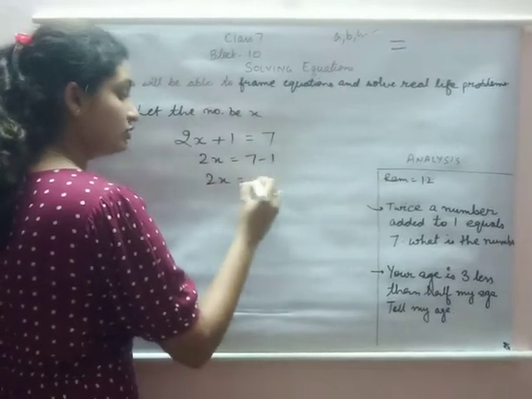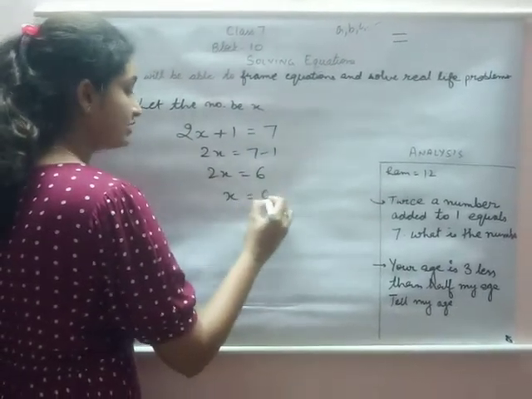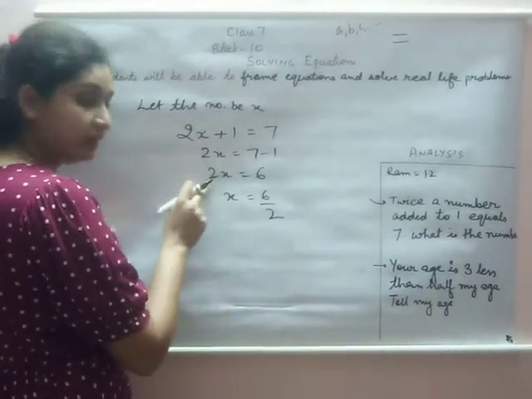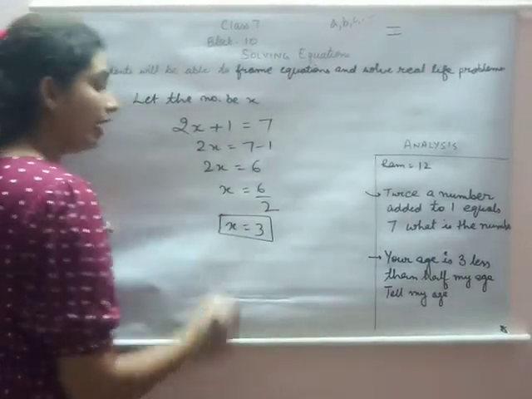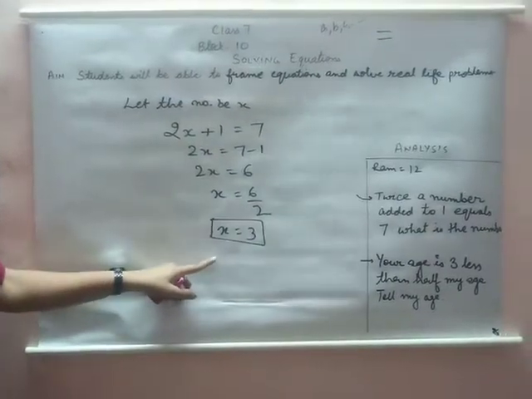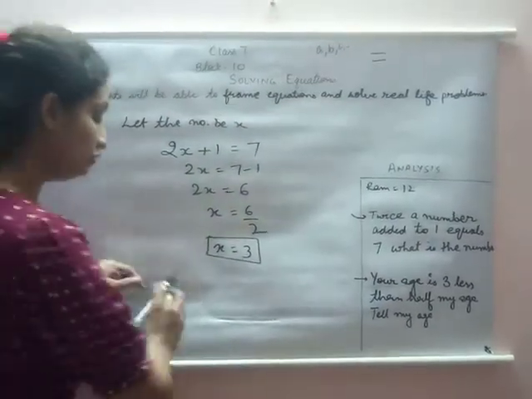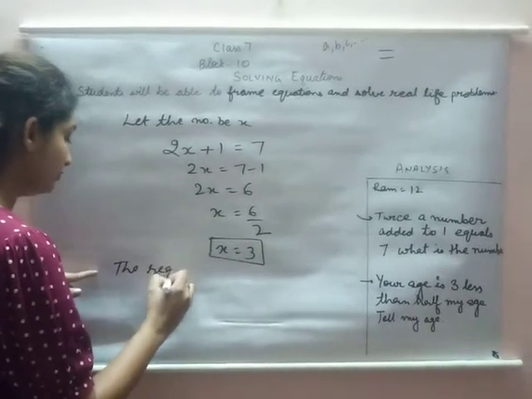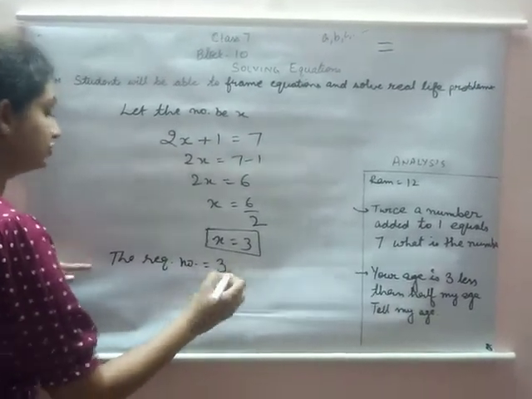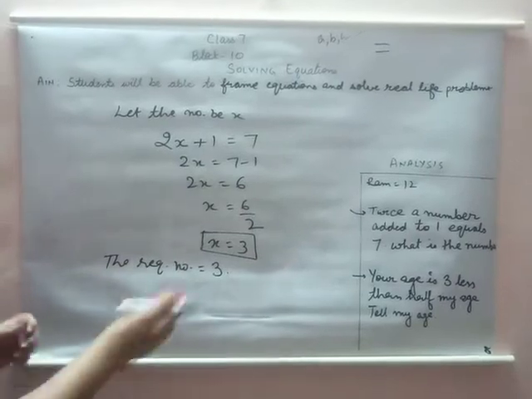So 2x is equal to 6. Now x equals 6 by 2, because here it is multiplication, it goes there and becomes division. x is equal to 3. The required number is 3. Whenever you are ending the question, you have to write one statement. The required number is equal to 3. This is how you are going to solve this equation.